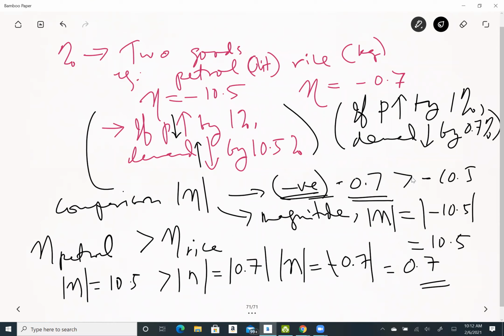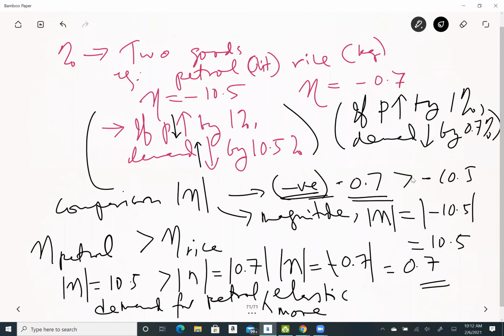So you say that the demand for petrol is more elastic. If the elasticity of demand for any good is larger than the other, we say that the demand for that good is more elastic.